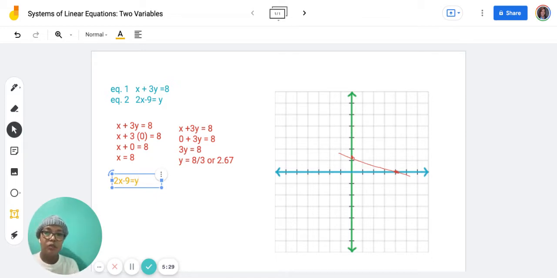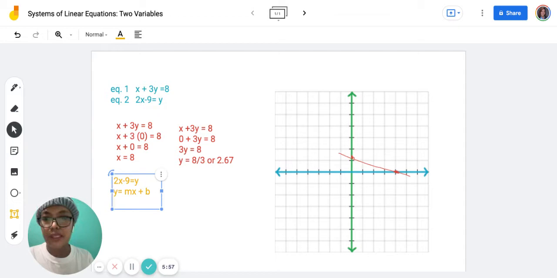In this equation, we will be using the slope of the line method, or slope of the graph, slope of the equation. So that is y is equal to mx plus b.